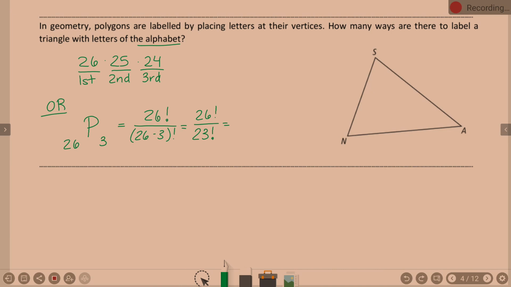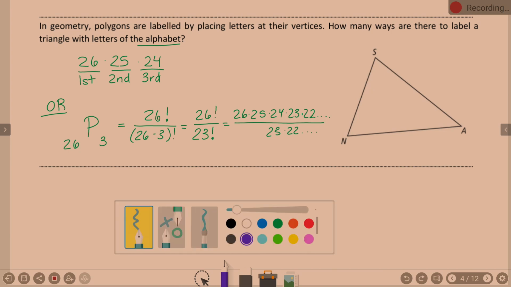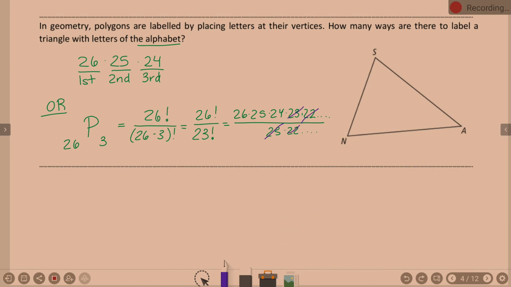But here's what I do: I think, okay, 26 times 25 times 24 times 23 times 22, over, what's 23 factorial? 23, 22, and so on. Do you see what I'm saying here? Because what's going to cancel? 23, 22, and the rest. I'm not writing them all out, okay?